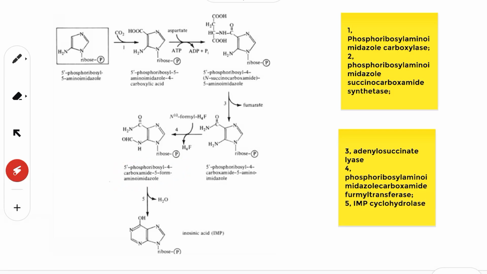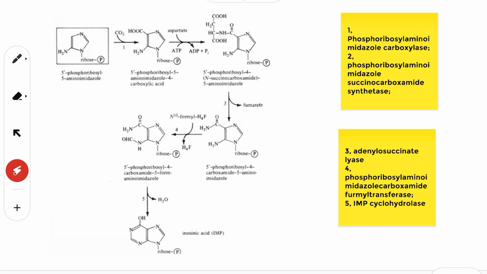This reaction is catalyzed by the enzyme phosphoribosyl amino imidazole carboxamide formyl transferase, and then this molecule undergoes the second ring closure reaction with the removal of a water molecule. So the OH group from this formyl group and H from this amino group are removed, and the product formed is inosinic acid or IMP.